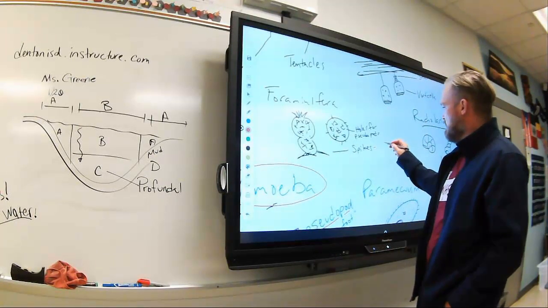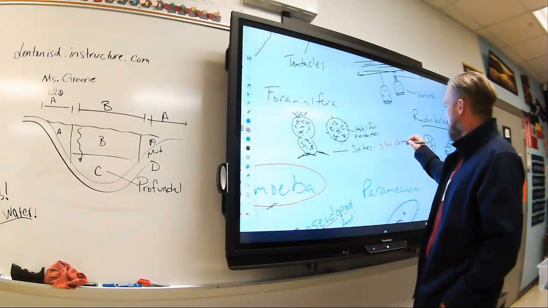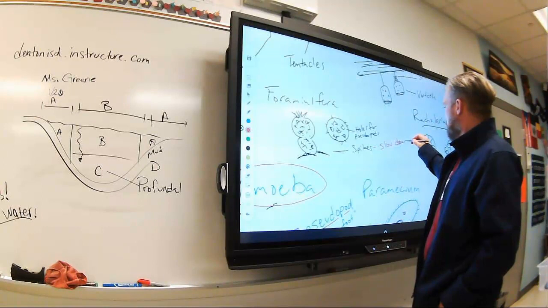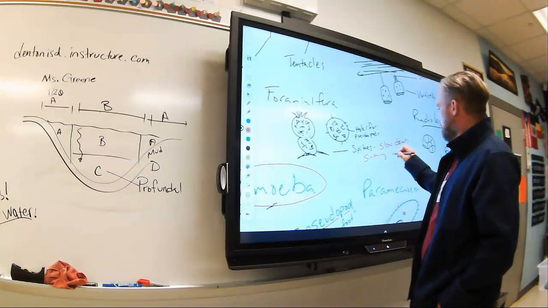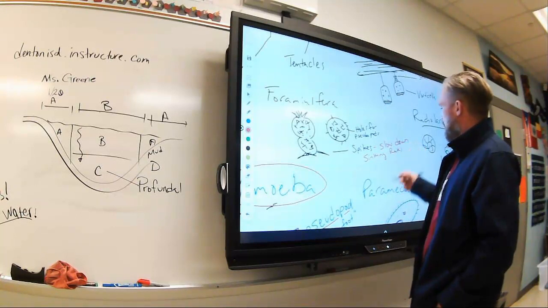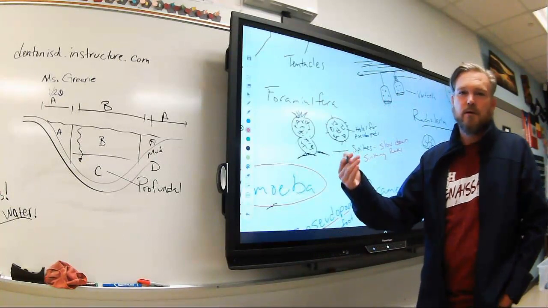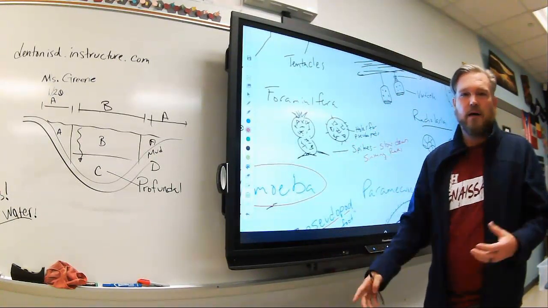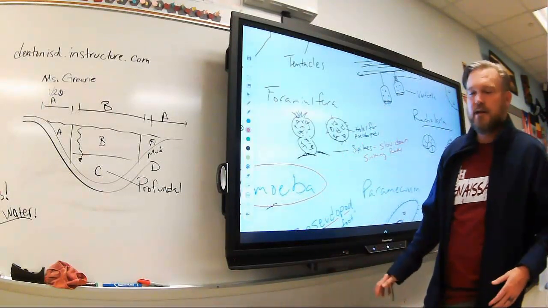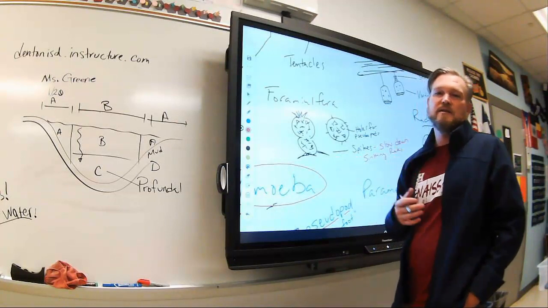These spikes will actually slow down their sinking rate. And also, since they're spiky, kind of like a cactus, that can help them not get eaten by other larger things, possibly. Obviously you don't want to get spines stuck in your throat.